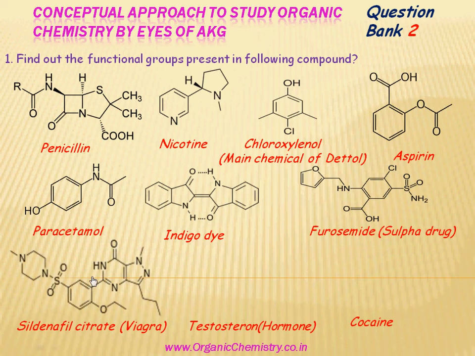In case of Viagra, this particular part C, C and C, that is 3 carbons attached to N, is tertiary amine. Here sulfonamide, COC, this part is ether, along with a heterocyclic ring.